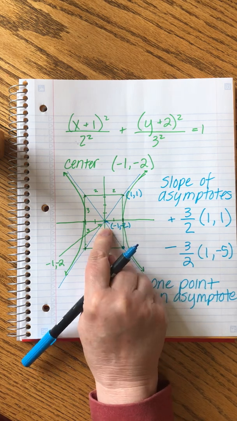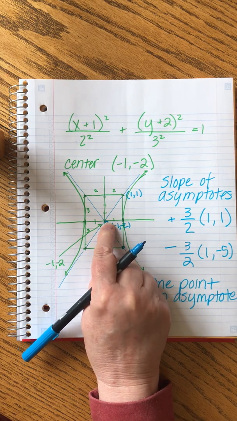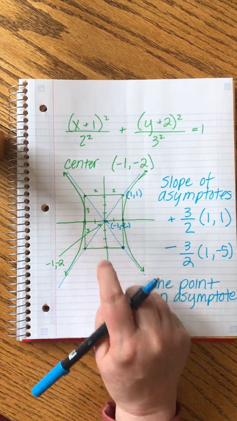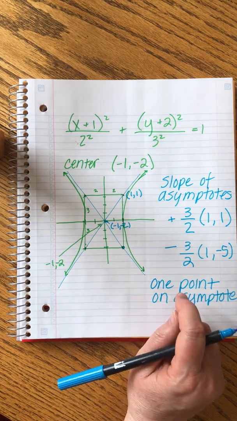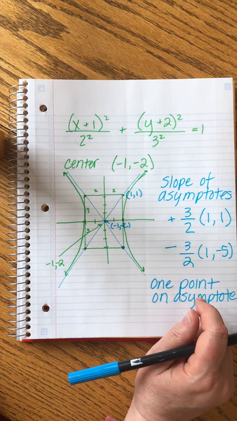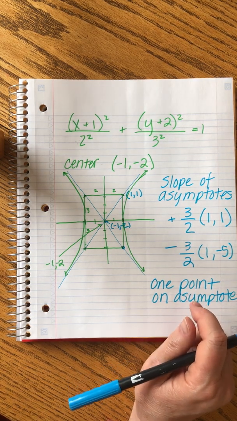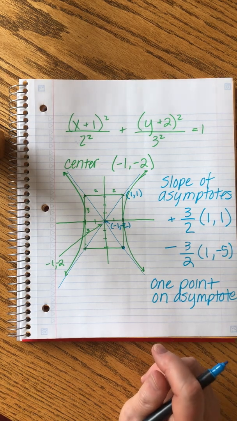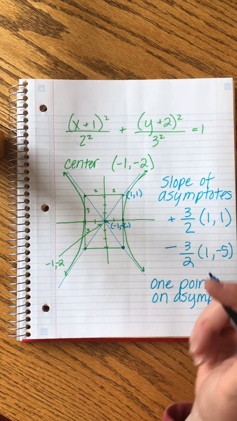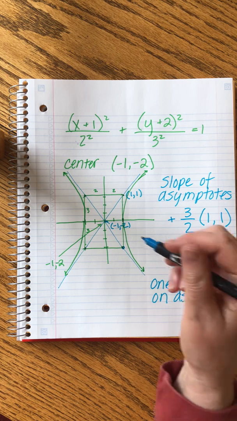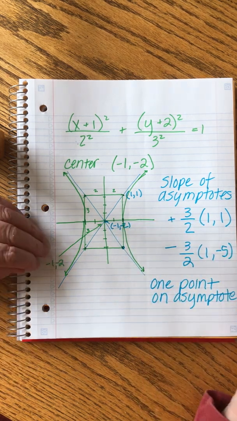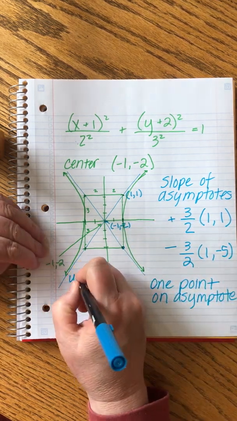I can use the point -1, -2 for either of them if I needed to, but these points are the ones we want to use to find the slopes of our line. So we're doing y equals mx plus b.